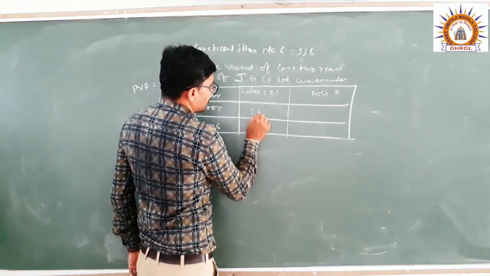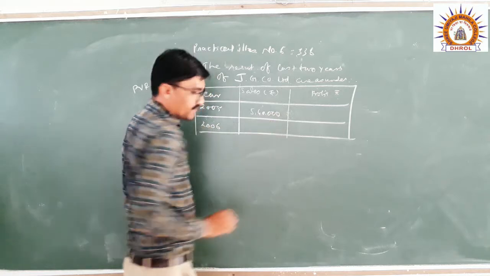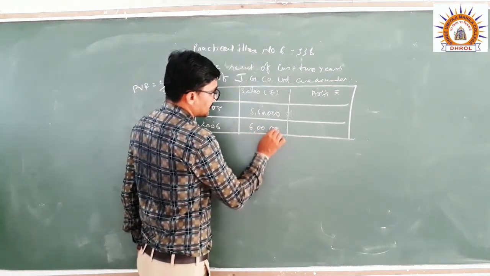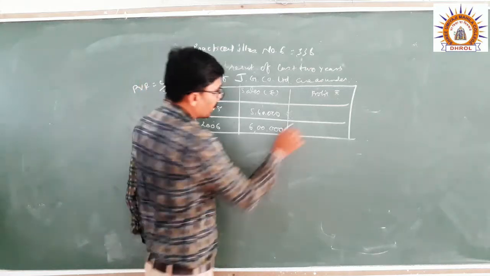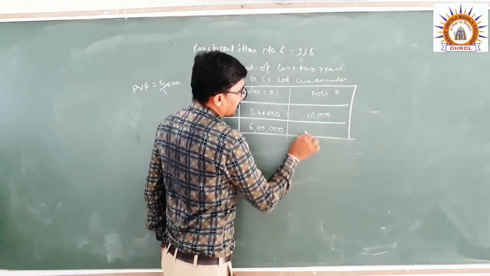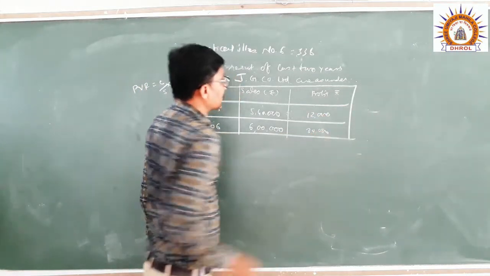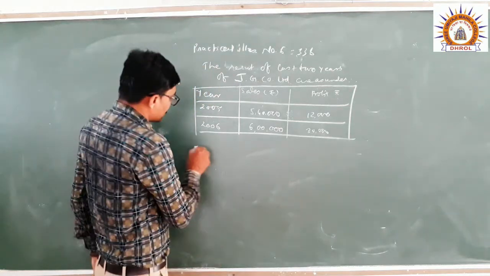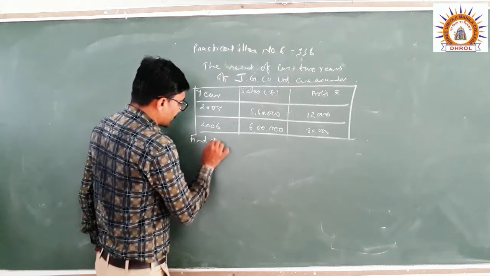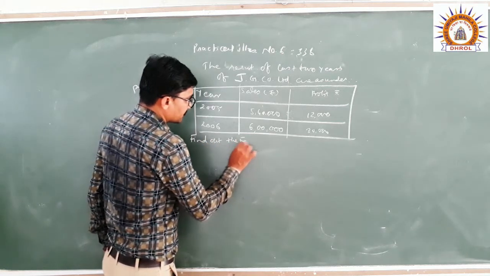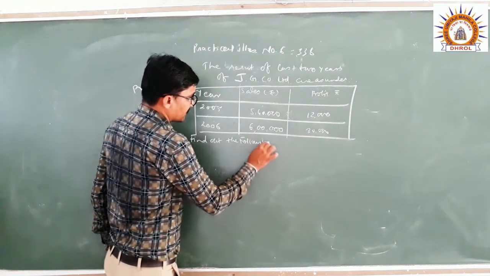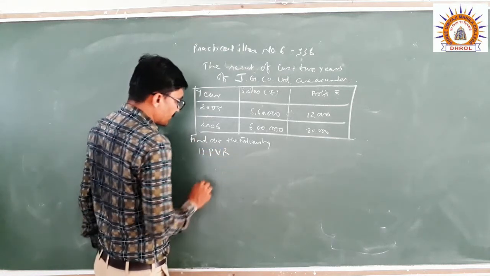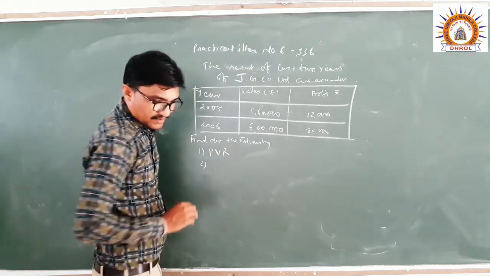In 2005, the amount of sales is suppose 5 lakhs 40,000, and as per your books in 2006, 6 lakhs, with profits of 12,000 and 30,000. So what is to be found out? The question is to find out the following. Which item is to be found first? PVR.